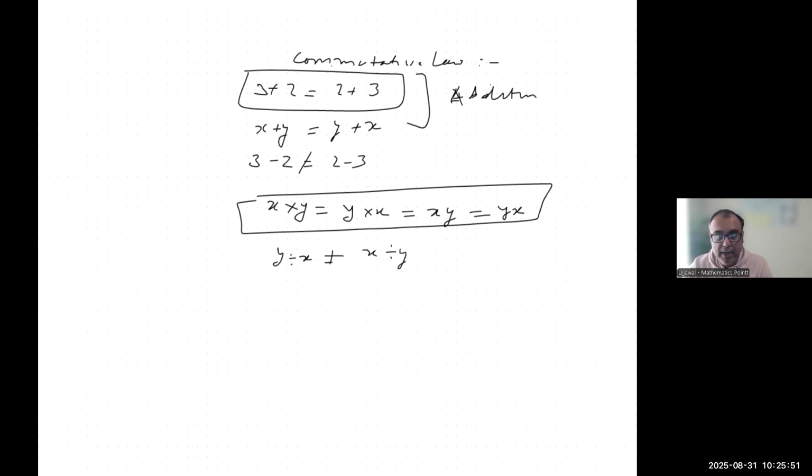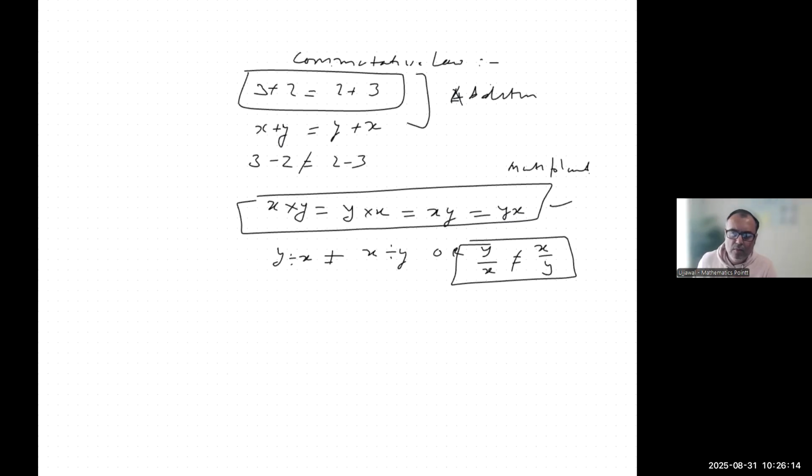Or y over x is not equal to x over y. So commutative law only works for addition and multiplication. All right. Now we quickly learn something called the associative law.